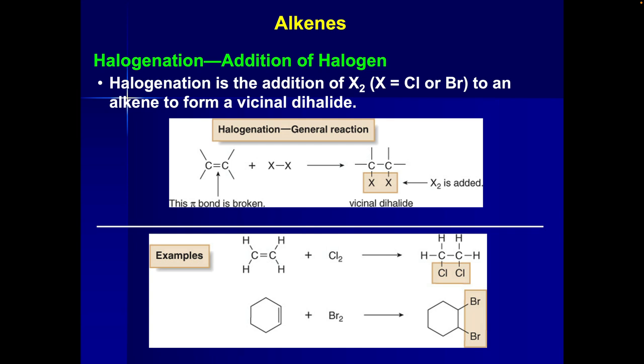So, we can take our alkene, we can react it with bromine, for example, or chlorine, doesn't matter which one. I'm just going to pick on bromine. And I can get what's called a vicinal dihalide. Vicinal meaning that the 2 halogens are on adjacent carbons.